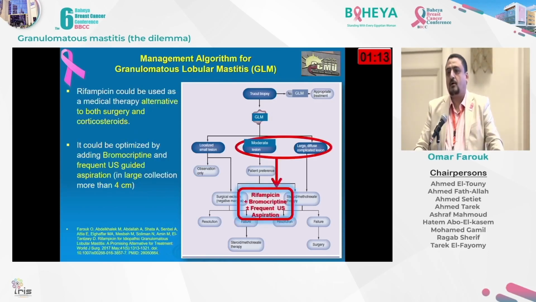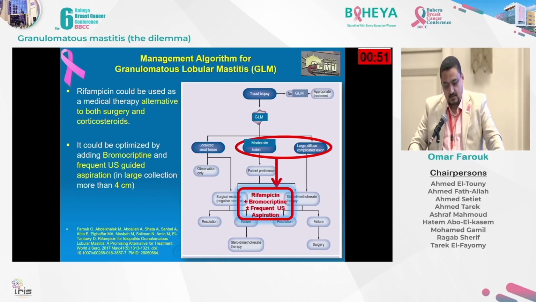But in our practice in Mansoura University, we didn't use corticosteroids or surgery. 10 years ago, we began depending on rifampicin as the solo therapy, and we can optimize this treatment with bromocriptine for 3 months and ultrasound-guided aspiration, especially for a large collection of more than 4 centimeters.